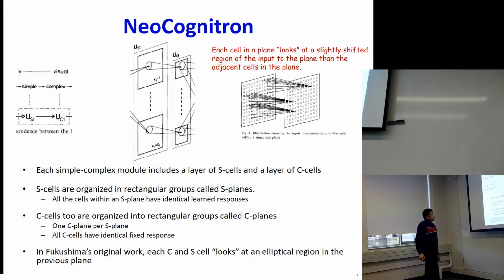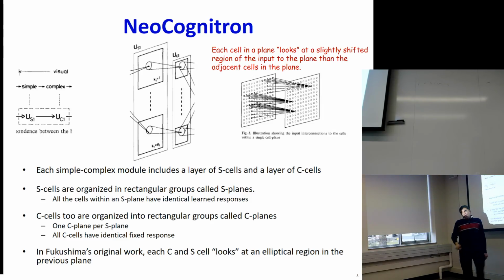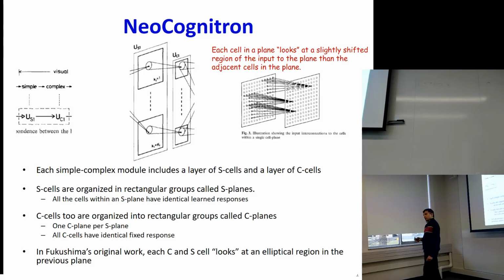And observe that there would be a corresponding neuron in the first S plane looking at the same elliptical region. So what we have is this first S layer comprising several planes. All the neurons in this block have the same response. All the neurons in the next block have the same response, and so on. But the neurons in individual blocks have different responses. And the same thing with the C planes.